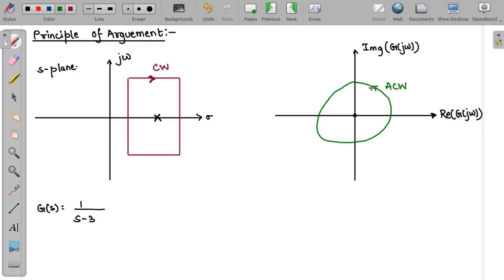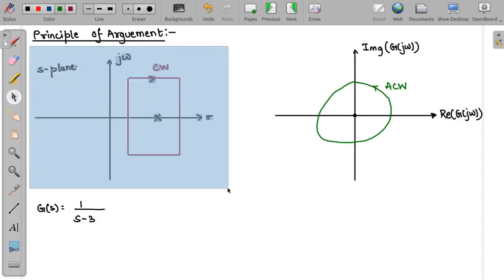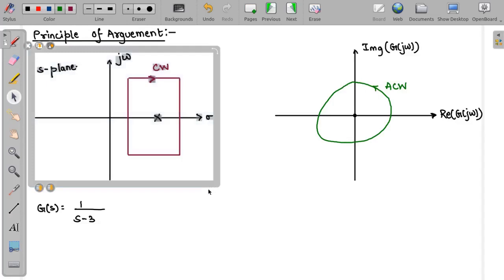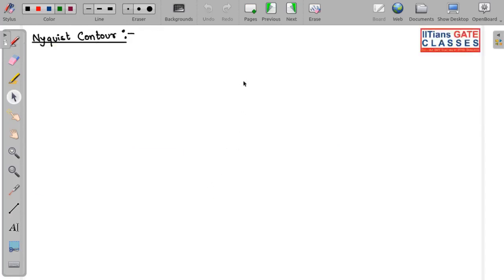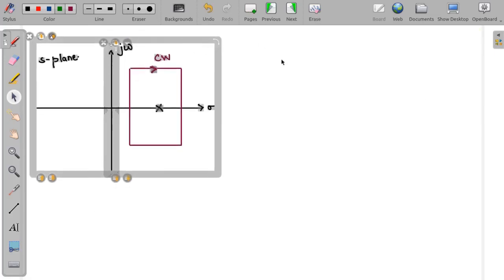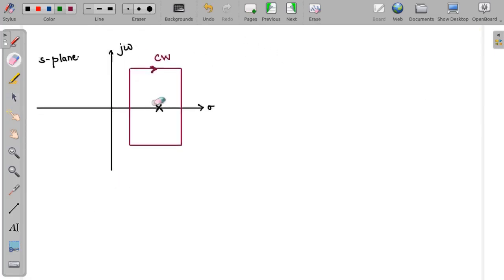Now suppose instead of this pole, I will make one more diagram. Suppose instead of this pole I had a transfer function something like this, G(s) = s minus 3, meaning there is only one zero at this point.